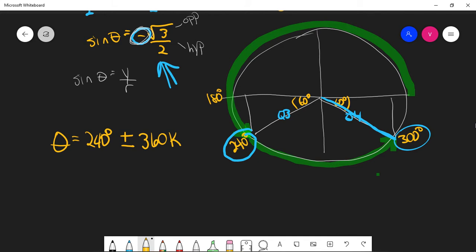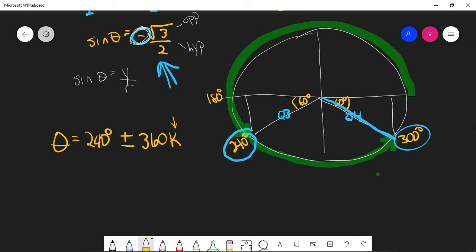Remember, this k stands for 1, 2, 3, 4, 5, even 0. 240 degrees plus 360 times 0 is just 240 the first time around. 240 plus 360 times 1 is 240 plus 1 rotation around. 240 plus 360 times 2 is 240 plus 2 rotations forward. k can also be negative, -1, -2, -3, so backwards rotation.